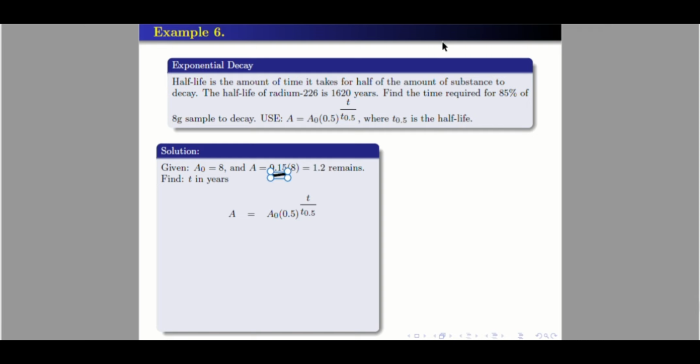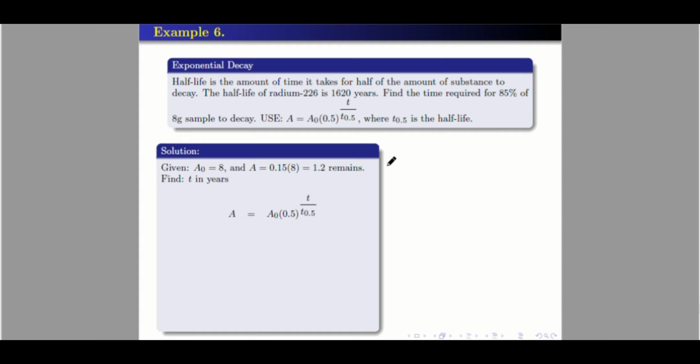So 15% divided by 100% is 0.15. So only 0.15 of the 8 grams, 15% of the 8 grams will remain. That is why we have 0.15 times 8 is 1.2. Now find t in years.